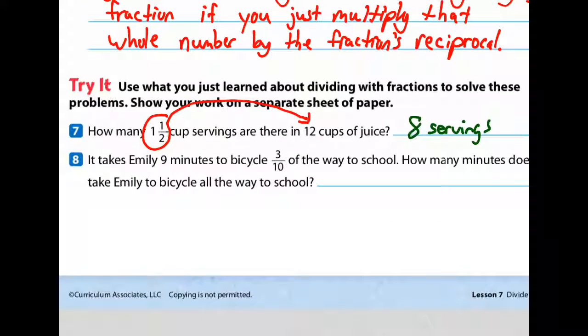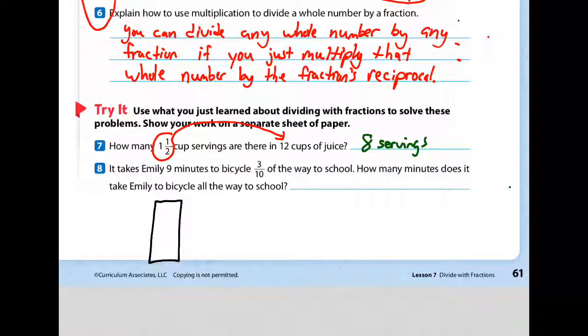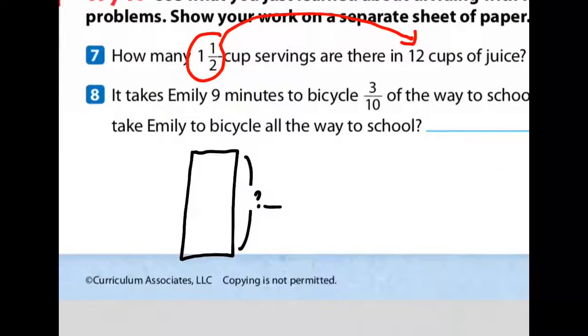So imagine this rectangle represents all of Emily's, the time it takes her to get all the way to school. Now remember, we don't know how long it takes her to get to school. So that's going to be blank minutes, right? Now here's what we do know. It takes her 9 minutes to bicycle 3/10 of the way.